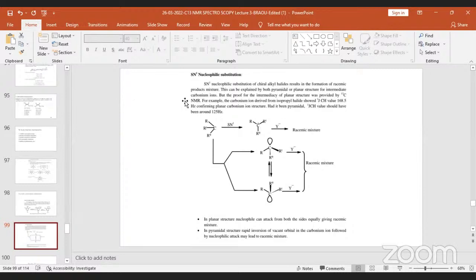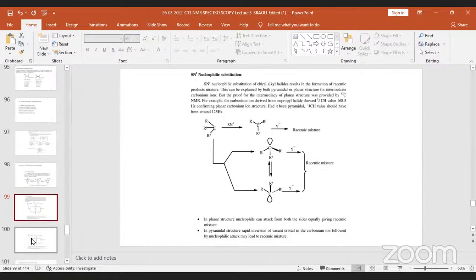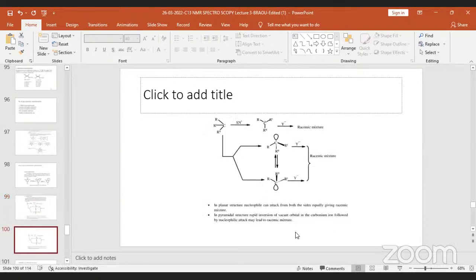We have seen methane, ethane, etc. Is it not? So what is normally observed? If we get the coupling constant in this range, it is planar. If it is falling in this range, it is pyramidal. But it was shown to be planar by observing C13 NMR.